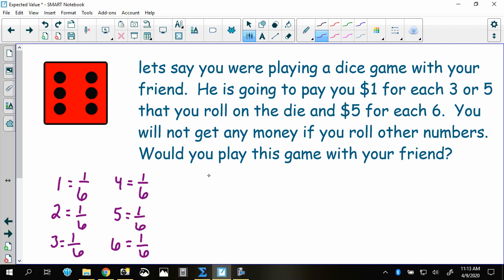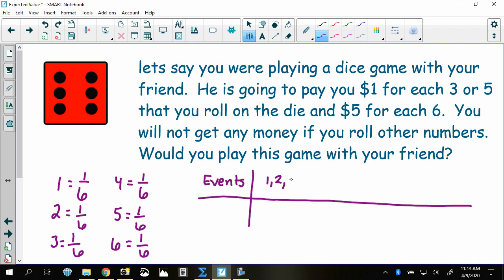So our event is getting a 1, a 2, or a 4. That's one thing that can happen because those are the numbers that don't pay off.